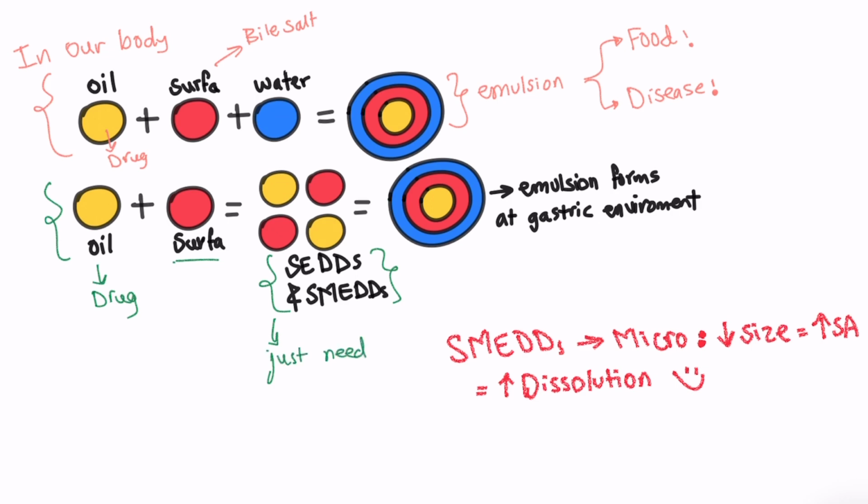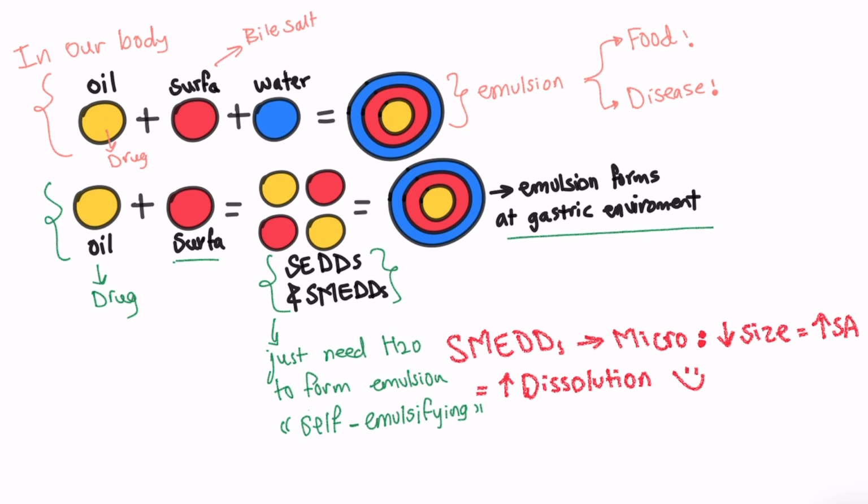What is great about this system is that they don't need the bile salt. Since the surfactant is already administered with the drug, these systems will not be affected by the diet or the diseases. It only needs water to form emulsion.